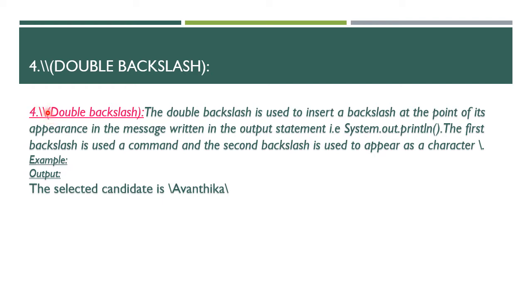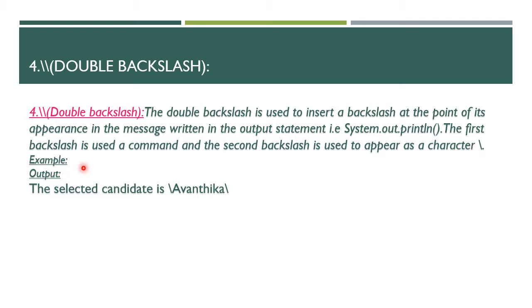So in your output statement, if you want to print a backslash, you have to write this entire text as it is, and wherever a backslash is required, you have to include two backslashes. Okay, this is the concept of the escape sequence double backslash. So the first backslash is used as a command and the second backslash is used to appear as a character.